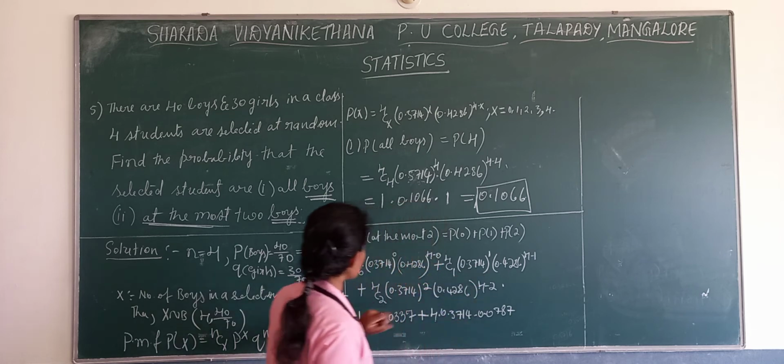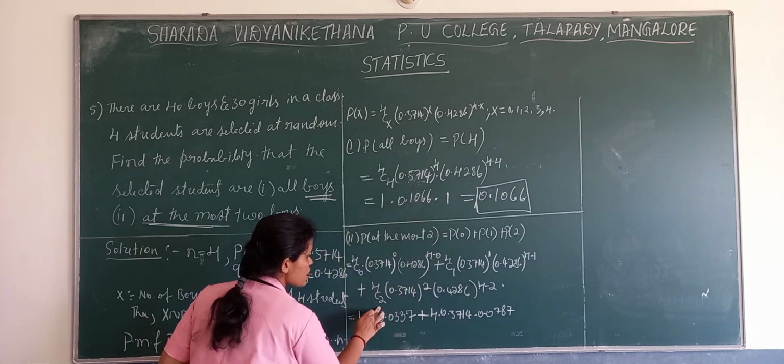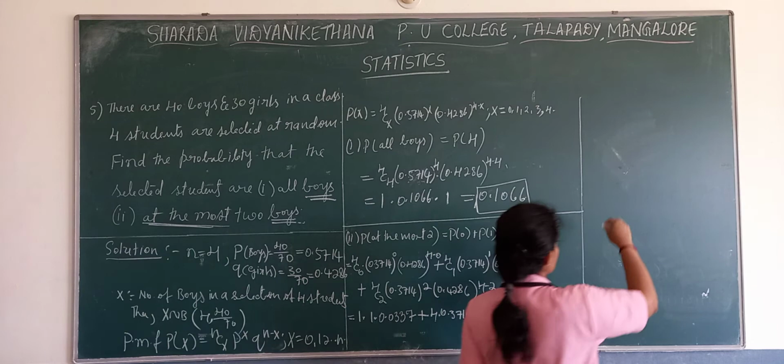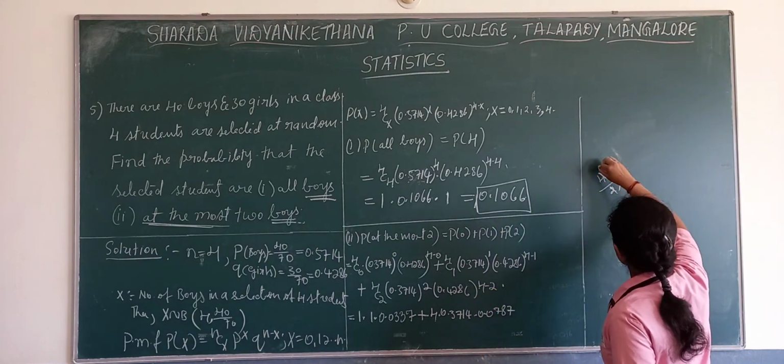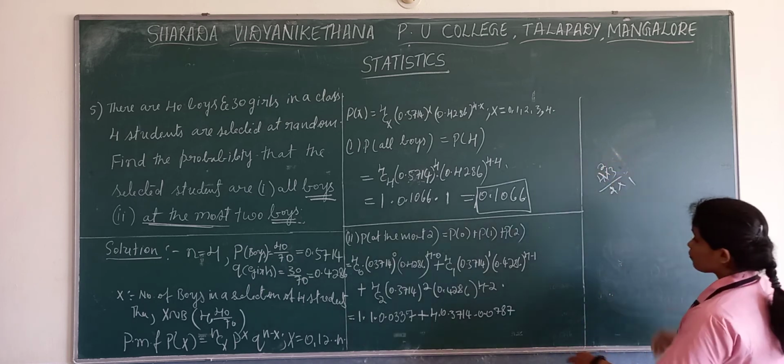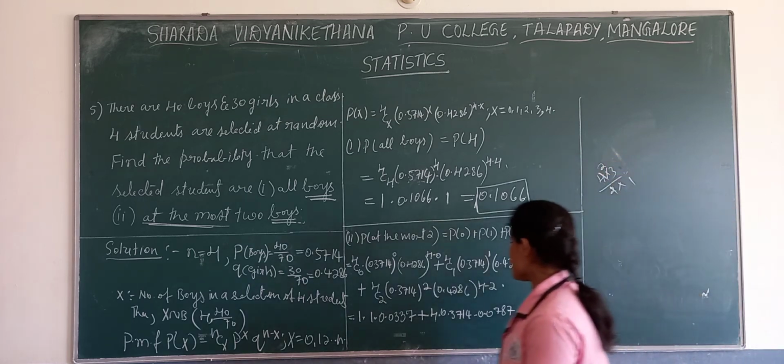Yes. Then come to the third one, that is 4C2. 4C2 means 4 into 3 over 2 into 1, so we get the value as 6.